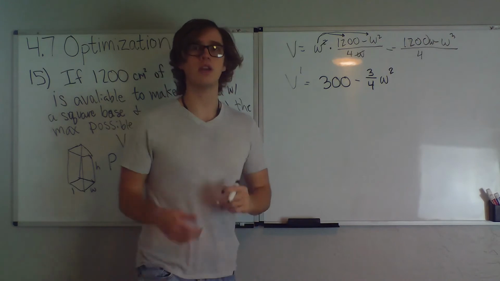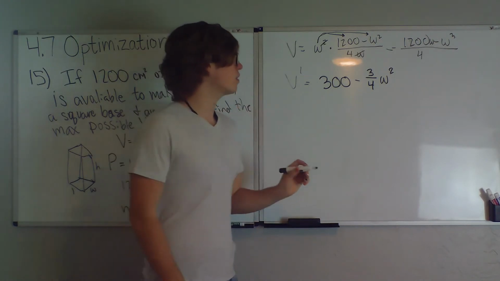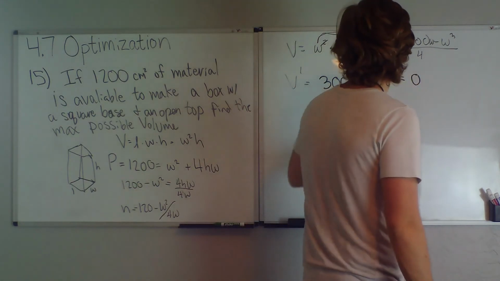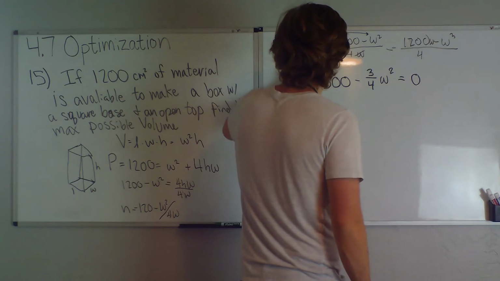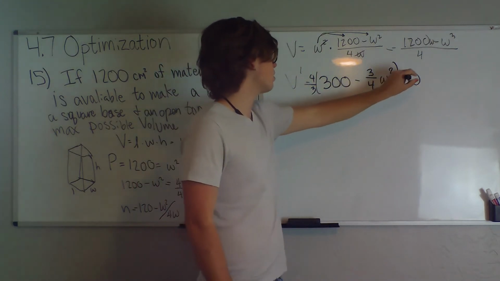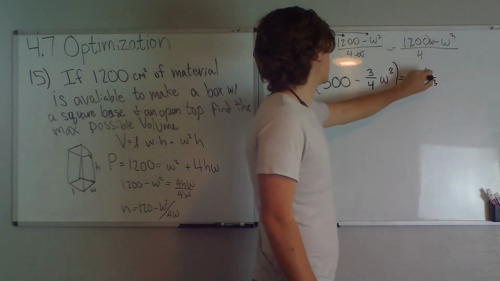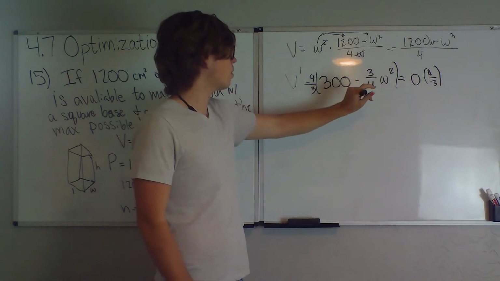Okay. Now we need to find our local maxes and mins. How do we do that? Well, we set this equal to 0. To make it easier, we're going to multiply by 4/3. Why do I say multiply by 4/3? Because it will isolate this W squared, so it's by itself.